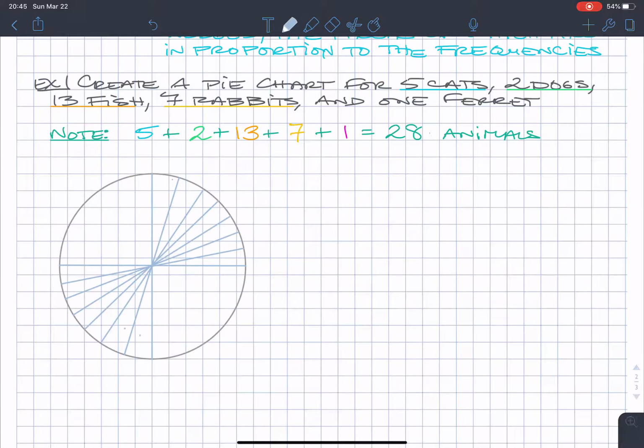So there's 1, 2, 3, 4, 5, 6, 7 parts. Now, mind you, those are supposed to be equal in theory. And let's do the same thing over here.